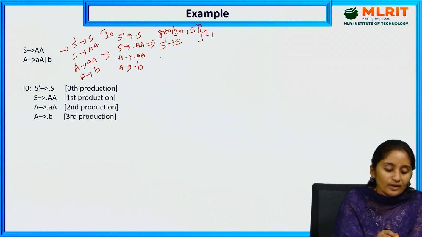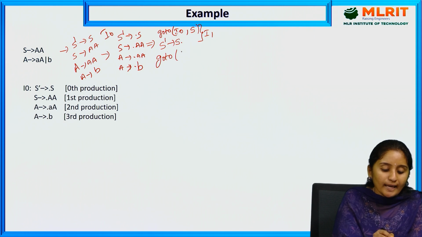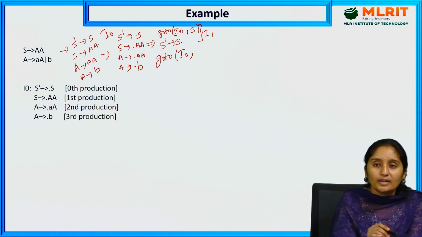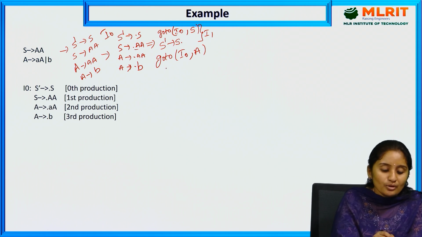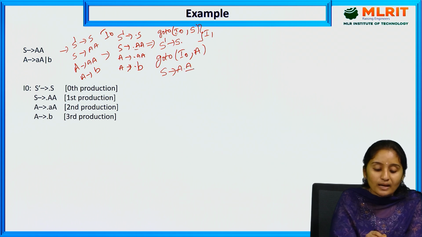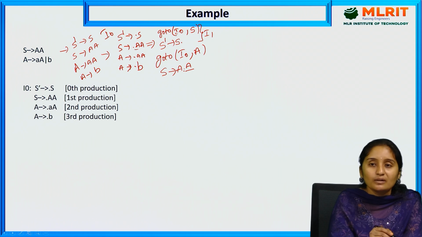So next we have goto I0 comma A. What is the next production I have? S tends to dot AA. A is a non-terminal. When I apply the goto function on a terminal or a non-terminal, the dot moves to the next position. So here S tends to A dot A. After the dot we have a non-terminal, so we write the productions of that non-terminal. If I find a terminal, we won't have productions for it.